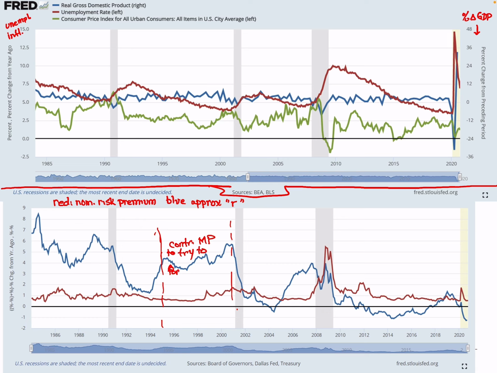So this is contractionary monetary policy to try to forestall or prevent inflation coming from demand pull consequences up here as the unemployment rate was dropping. The Fed was very much criticized for this because the unemployment rate continued to drop and the economy did not overheat.